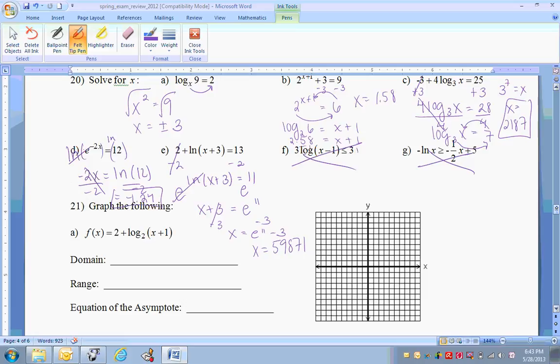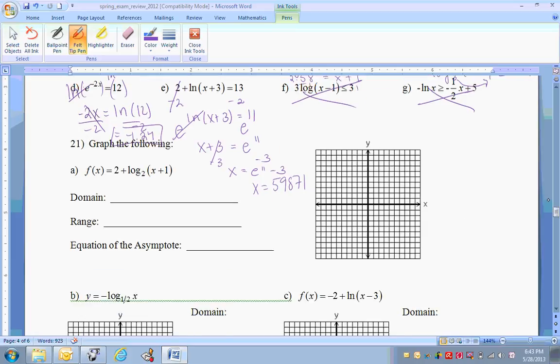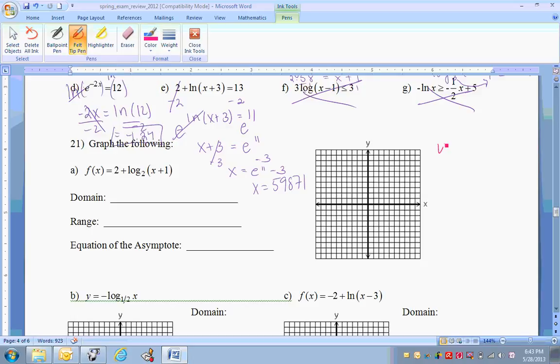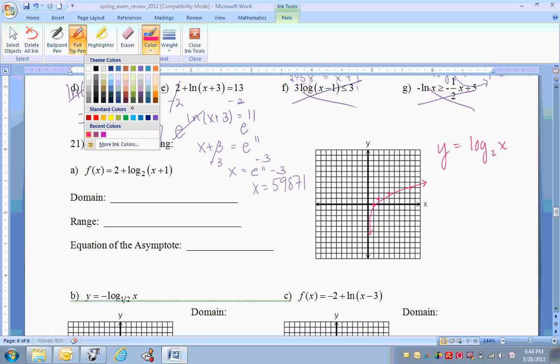They're asking us to graph the following. Well, the parent function of this is, let's do it in pink, y equals log base 2 of x. And I'm going to go ahead and graph that. So now you can see our parent function of y equals log base 2 of x. And then let's look at the transformations we're going to have to make. This plus 1 inside with the x tells me I'm going to shift left 1.